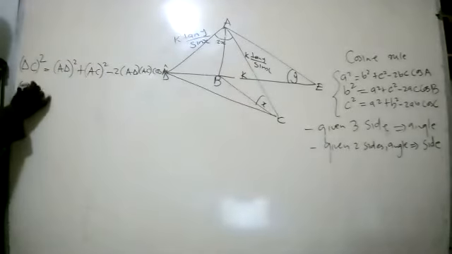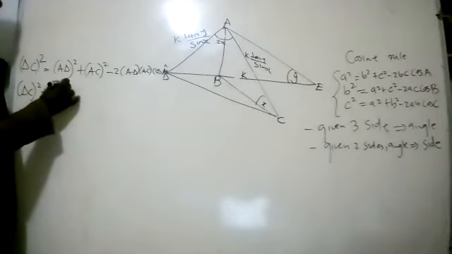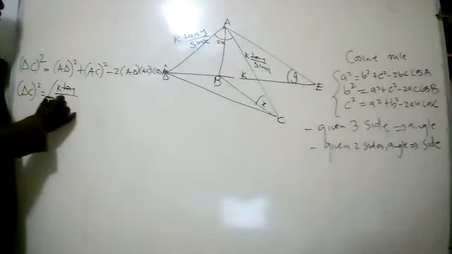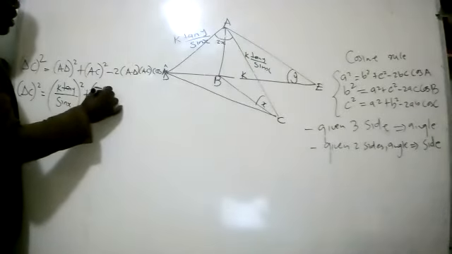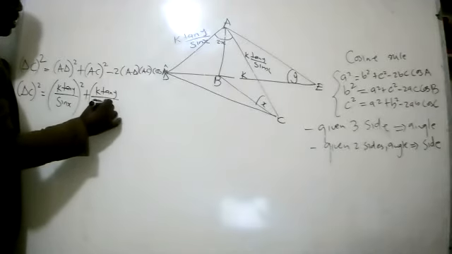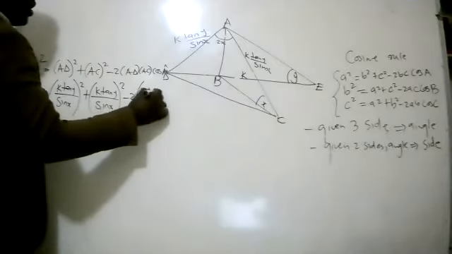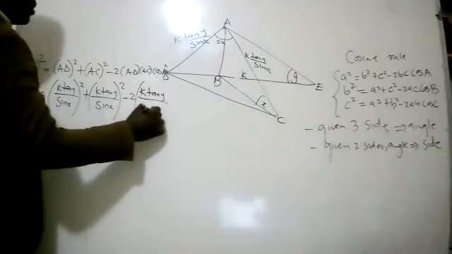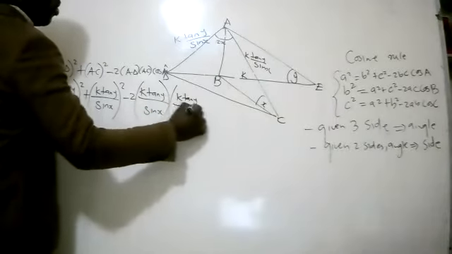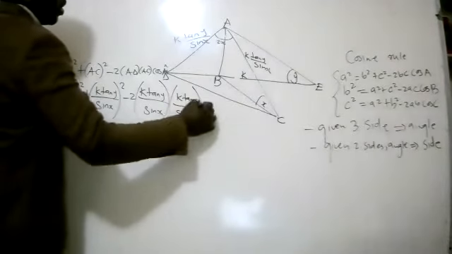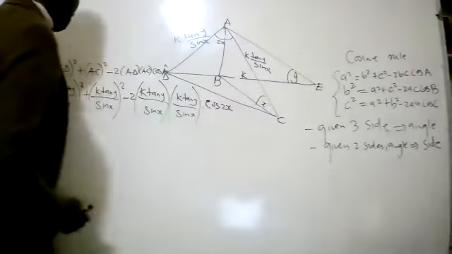So we have DC squared equal to, for AD, we substitute K tan Y all divided by sine of X, squared, plus K tan Y all divided by sine of X, squared, minus 2 into K tan Y all divided by sine of X, multiplied by K tan Y all divided by sine of X, multiplied by the cos of 2x, the angle.